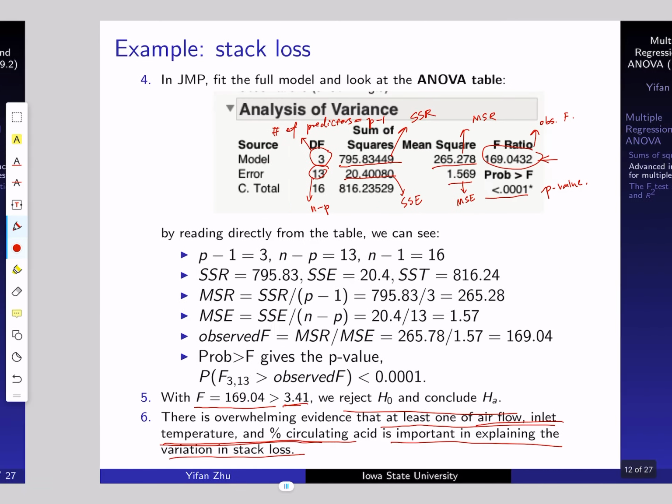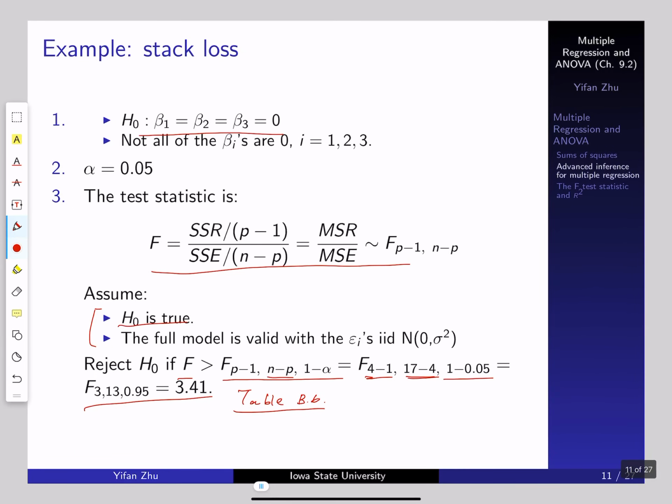And one thing to note is that this SSR and SSE are for the full model. So this SSR is actually SSR 4 and SSE is SSE 4.